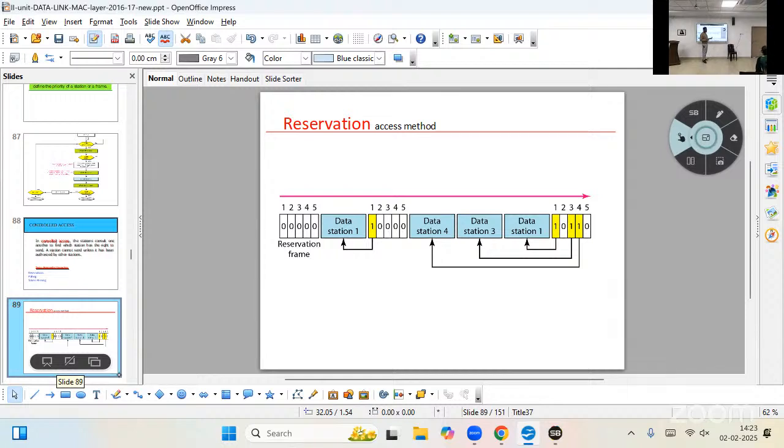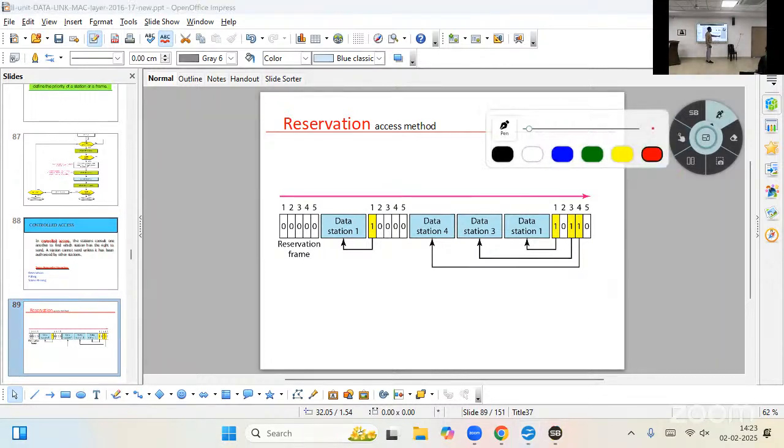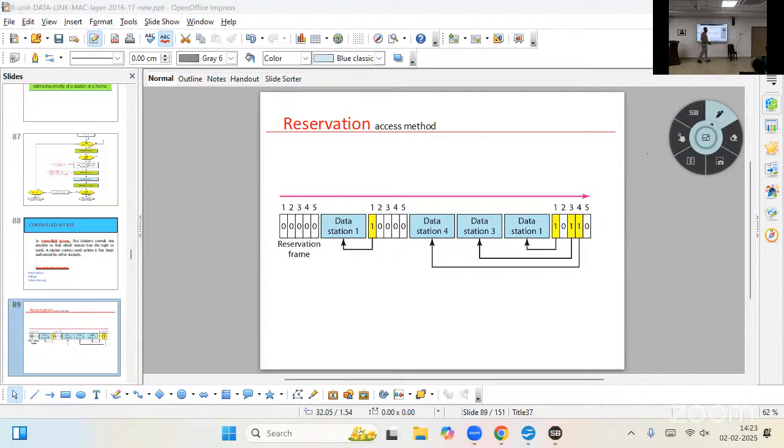If you want to transmit the data, they will give a reservation. Based on that reservation, for example, there are frames 1 2 3 4 5. ఎన్ని frames ఉన్నాయి? 5 frames.